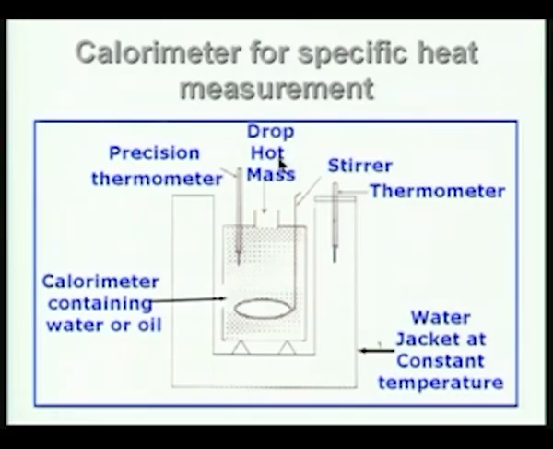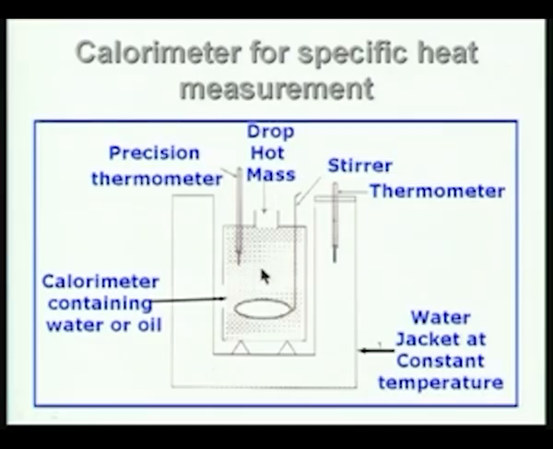For example, you can put the material inside an oven, bring it to the desired temperature, and immediately transfer it by dropping it into the calorimetric vessel, and immediately after dropping, you start noting down the temperature as a function of time. So, from the time-temperature graph, we will be able to estimate the specific heat of the material which has been dropped after being heated separately.